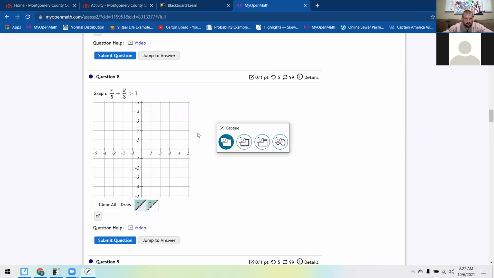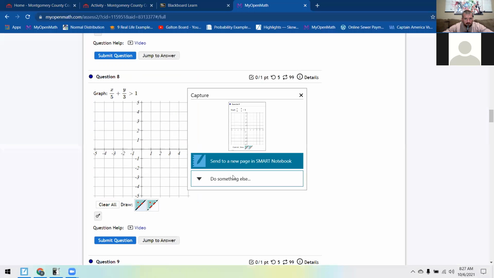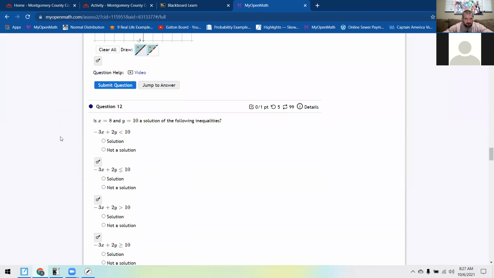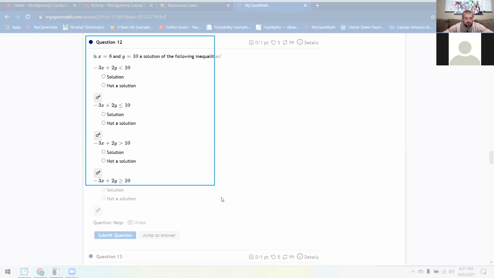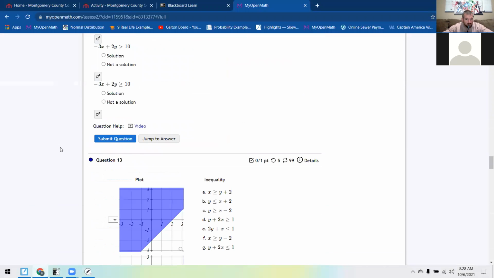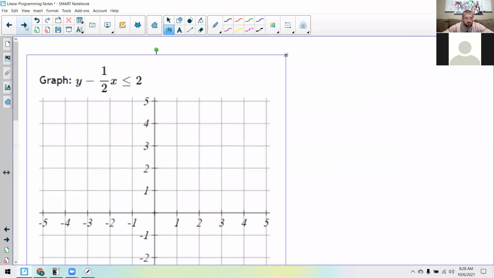Let's do this one, because this is good practice, and I want to show you how you graph these things on math. Okay, we'll start with them.